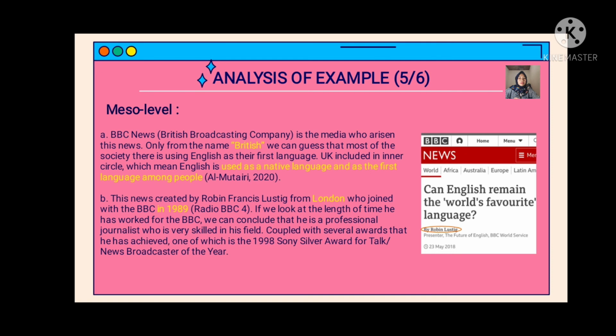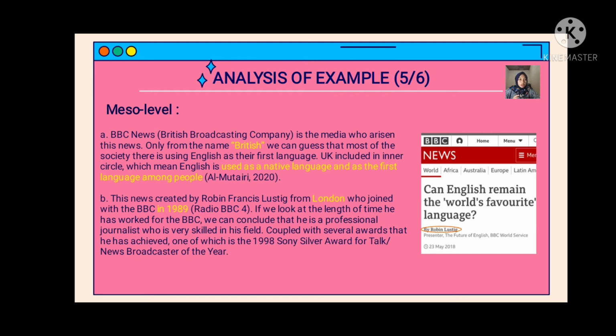It is the media that originated this news. Only from the language we can guess that most of the society there uses English as their first language, and you can include it in the inner circle, which means English is used as a native and first language among people.